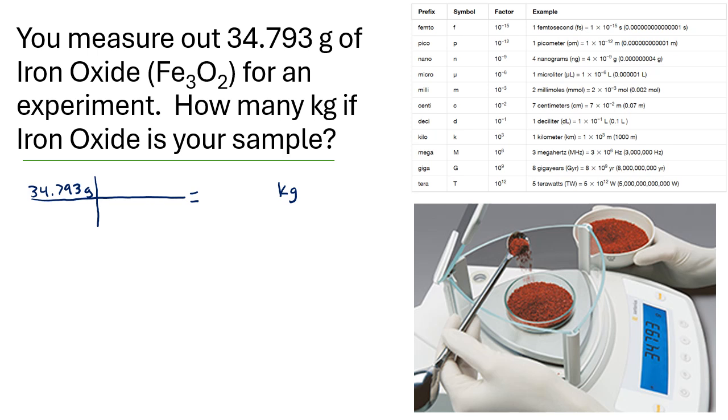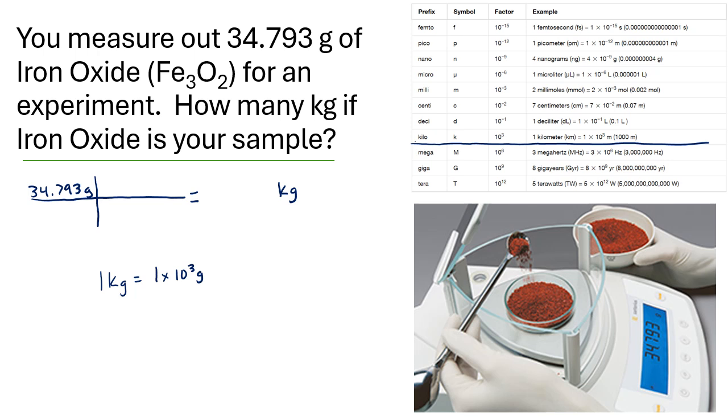Again, we'll look to the SI unit table for our conversion factor, and we look for the kilo prefix we see here. And it tells us that the relationship between the kilo prefix and the base unit is 10 to the third. So 1 kilogram equals 1 times 10 to the third grams.